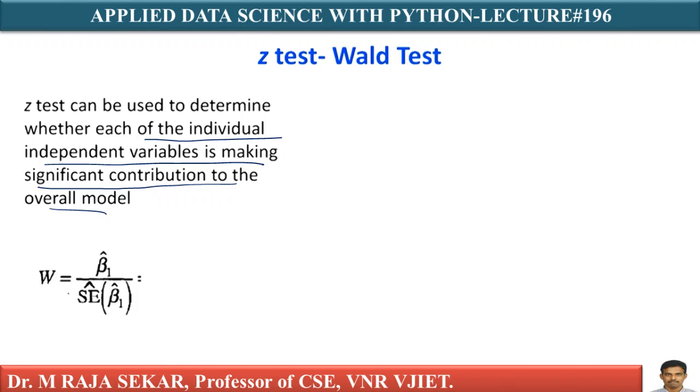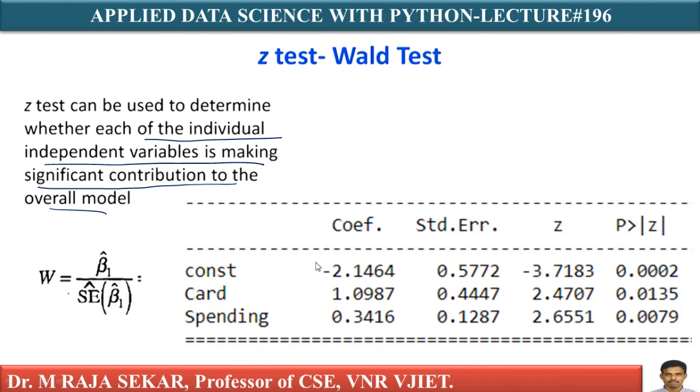Another name for the Z test is the Wald test, isn't it? What is the formula for the Z test or Wald test? This we already discussed. This is the summary of our logistic regression which we discussed in previous lectures. How can I calculate this one?